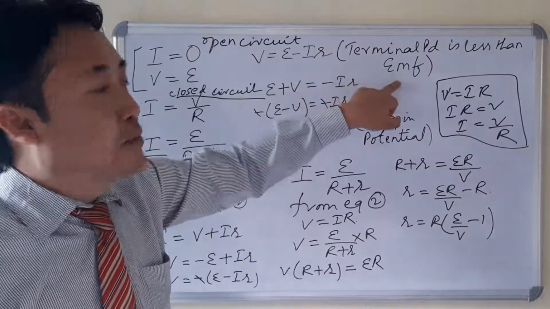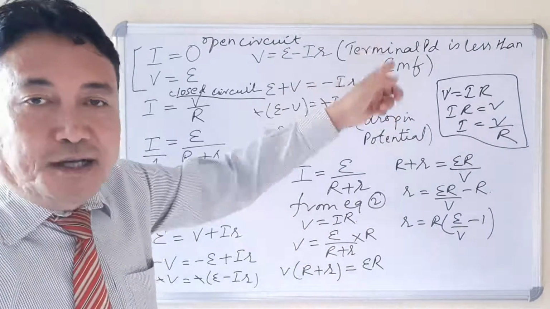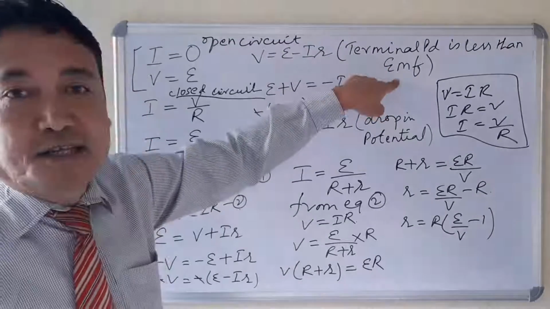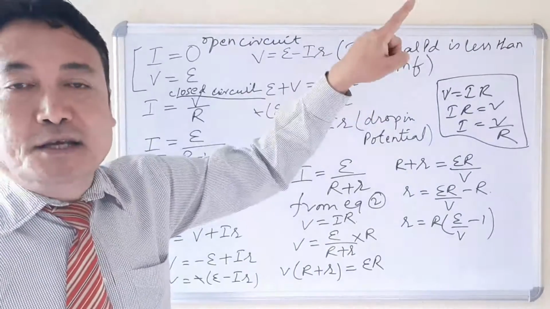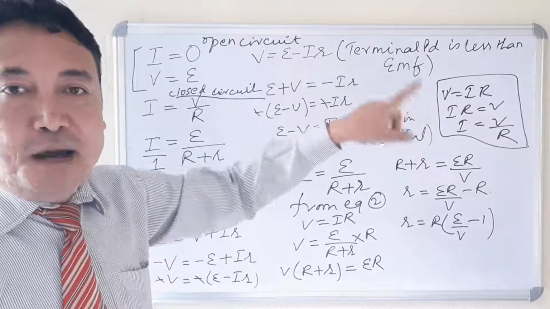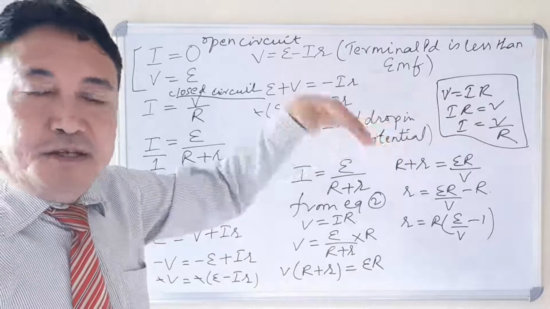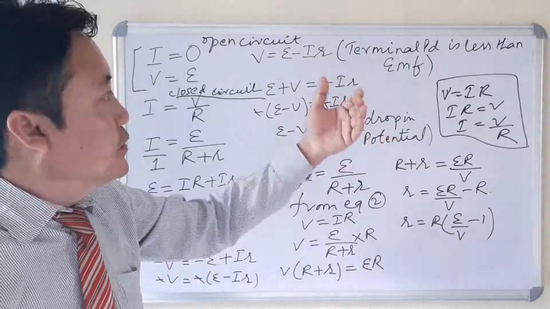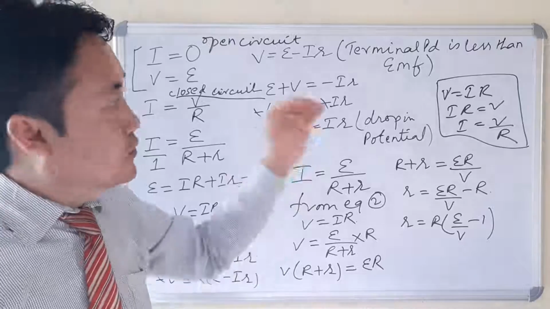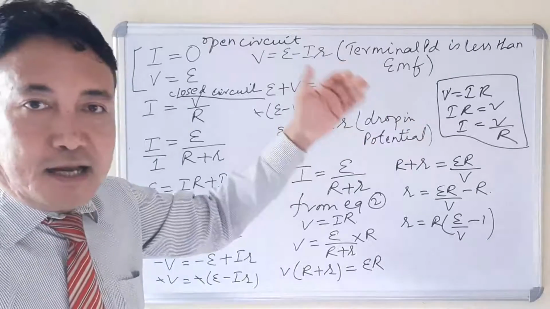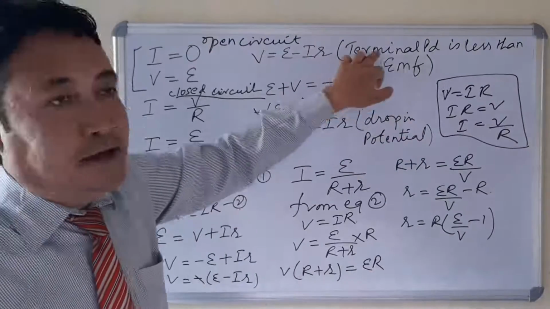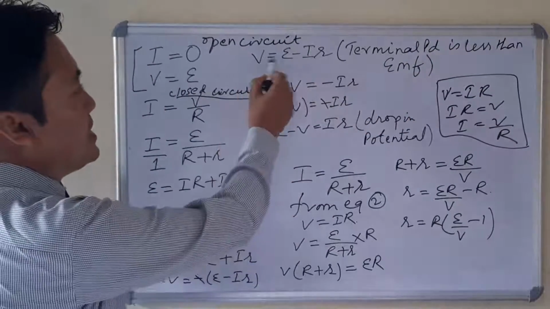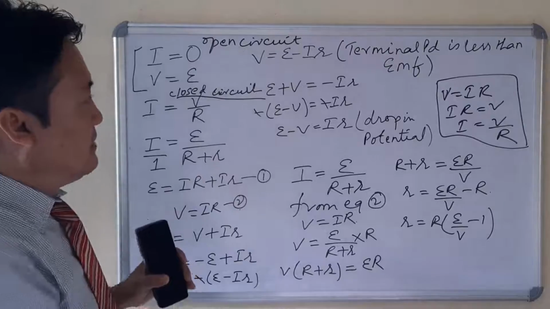Terminal voltage is less than EMF because the internal resistance is offered by the electrolyte. EMF is the potential difference when the circuit is open and no current is drawn. So this equation shows that terminal potential difference is less than EMF.